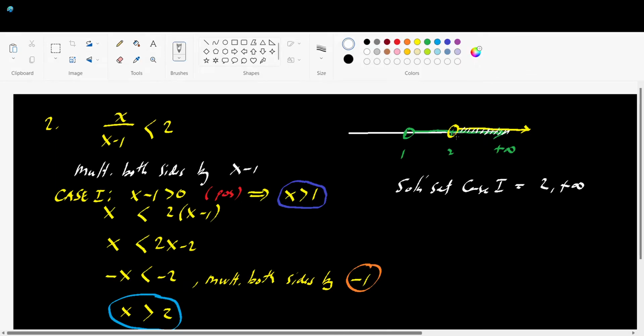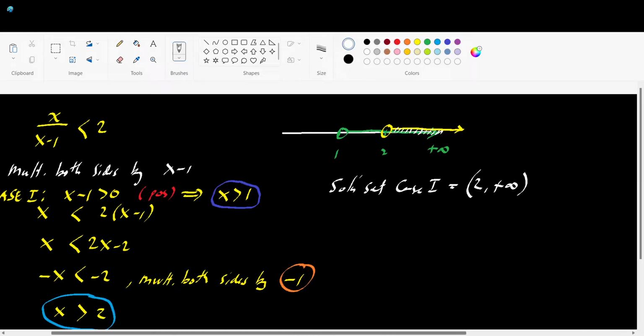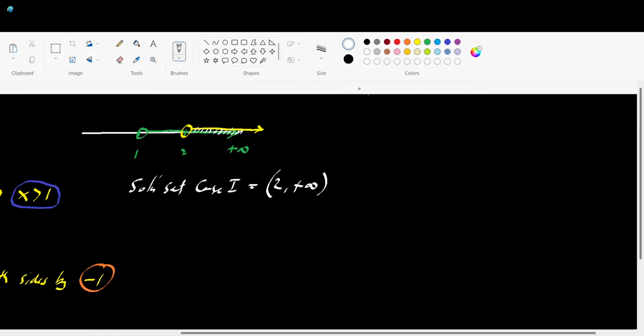And since it is open at 2, we use an open parenthesis, to positive infinity. That is for case 1, when x minus 1 is greater than 0, or when x is greater than 1. So we now proceed to the second case, that is when x minus 1 is less than 0.